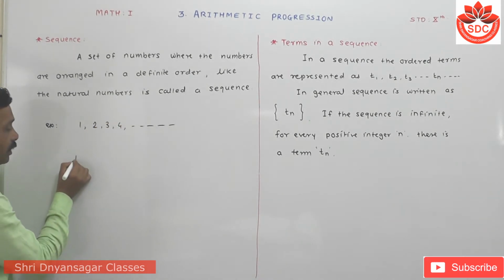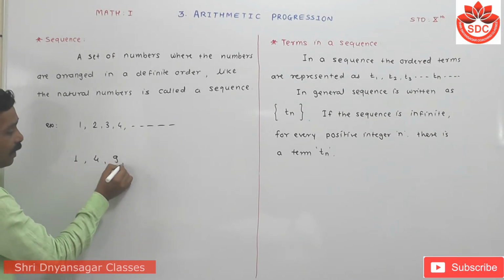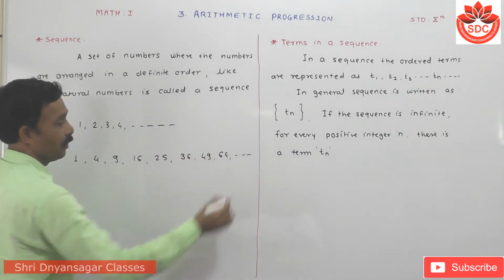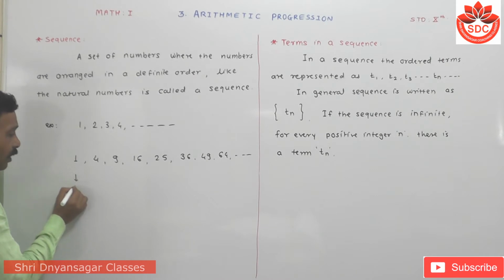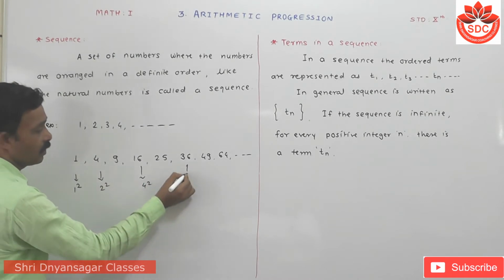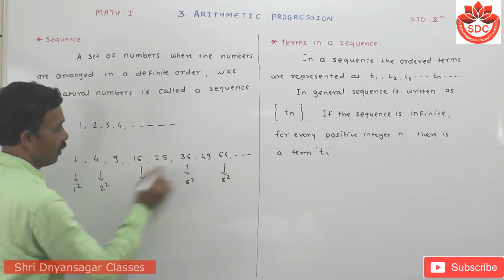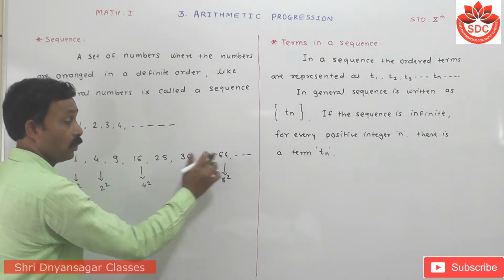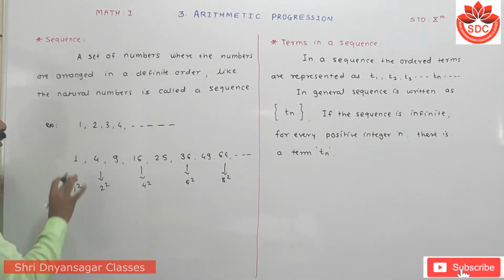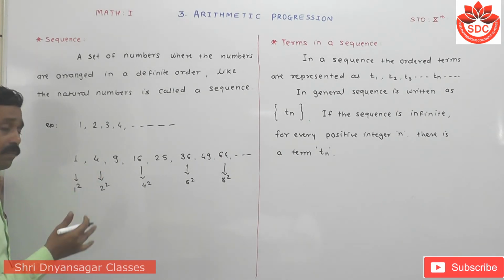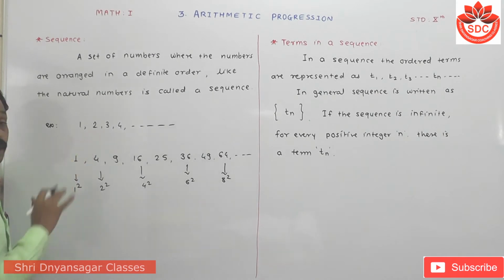Another example is 1, 4, 9, 16, 25, 36, 49, 64, 81, etc. Here the order and rule are definite: this is 1 square, 2 square, and so on, so 8 square is in the 8th position and 4 square in the 4th position. The position of these numbers is fixed. Even numbers and odd numbers also have a definite order and rule. Such numbers are called sequences.